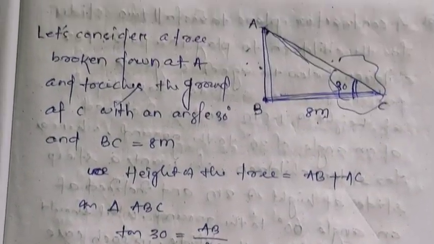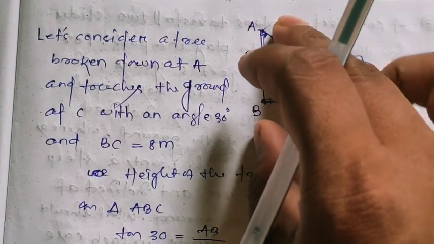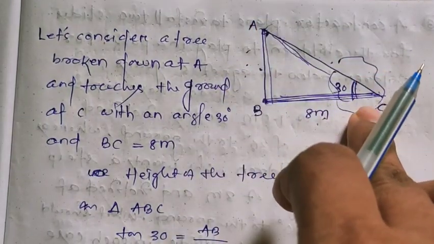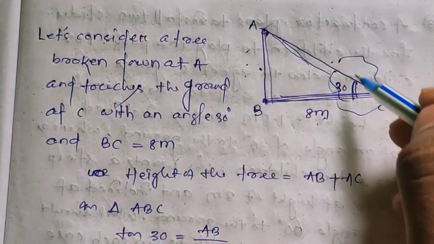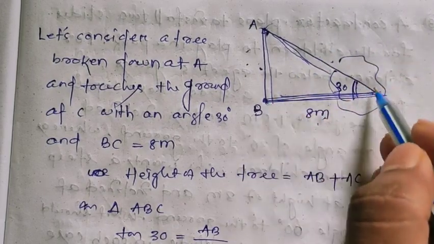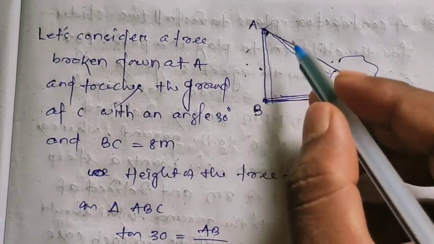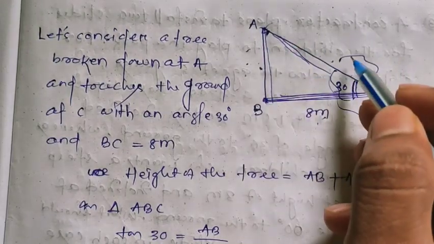Let's revise again. Here it is given that a tree is broken down at A and falls on the ground with an angle of elevation 30 degree, and the distance between the top and the base is 8 meter. We have to find out the height of the tree, that is AB plus AC.